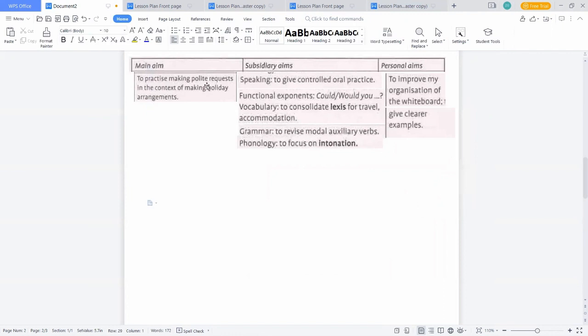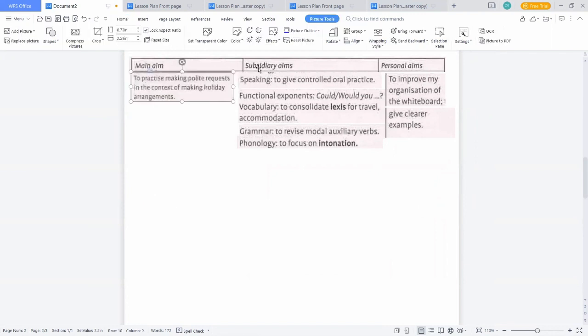Here we go. So there you have an example of the main aim.